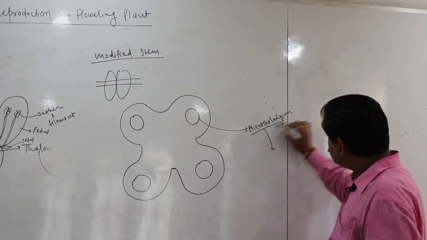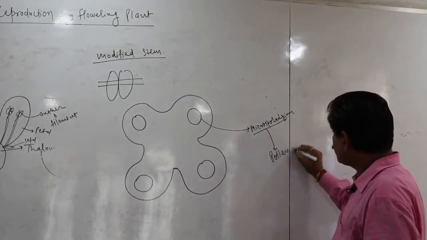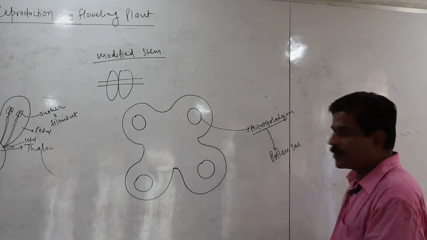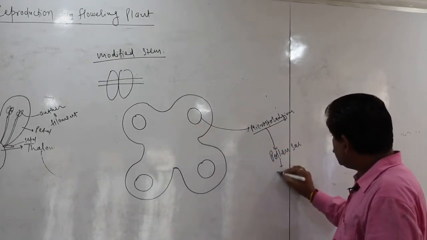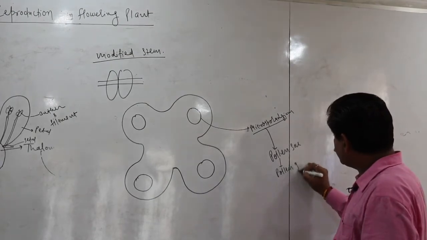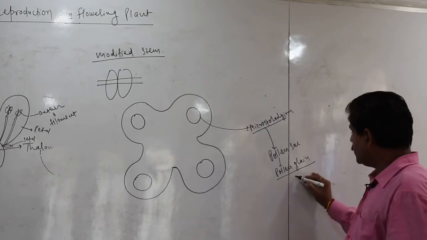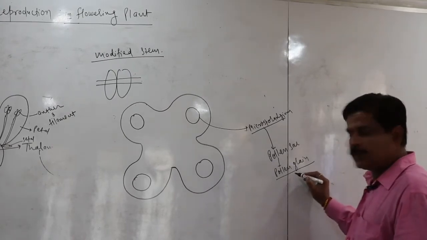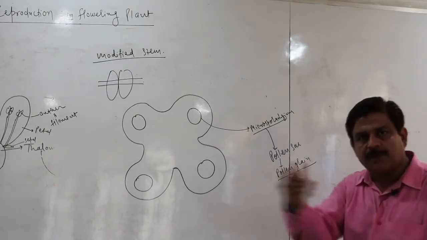This microsporangium further develops into the pollen sac, and this pollen sac contains the pollen grains, and each pollen grain has two sperm nuclei, two male gametes for the double fertilization.